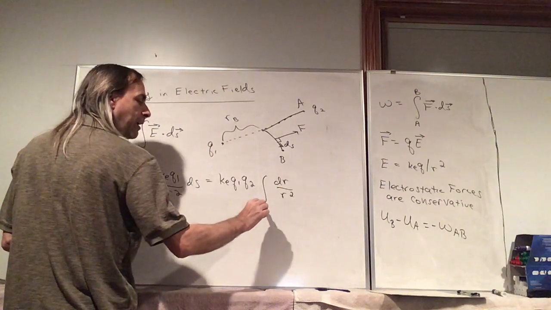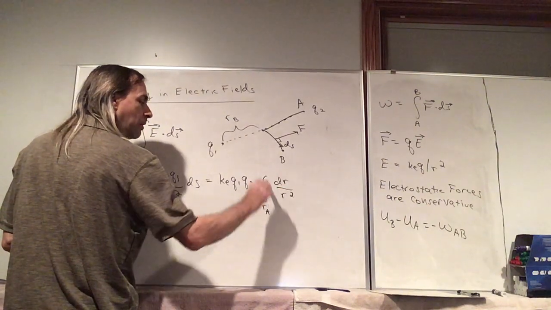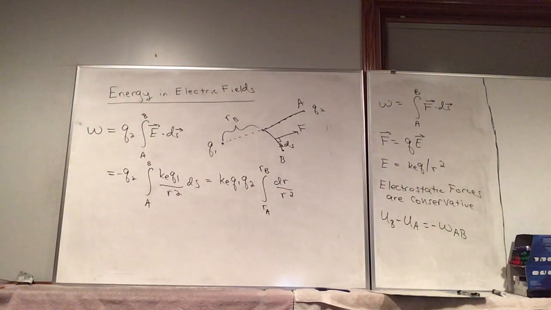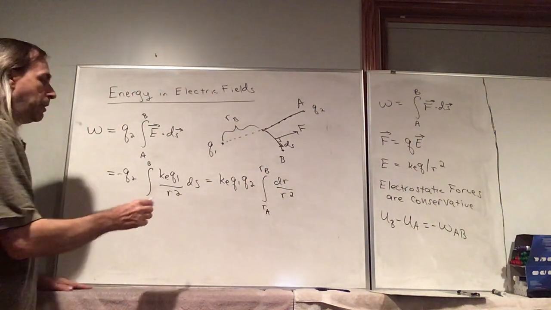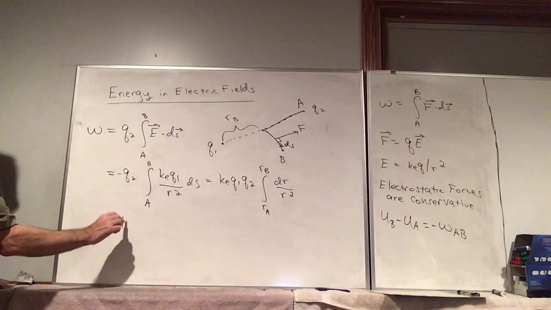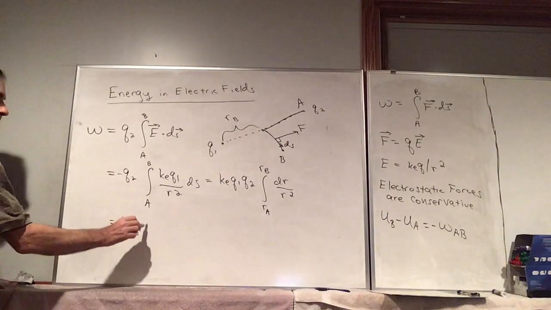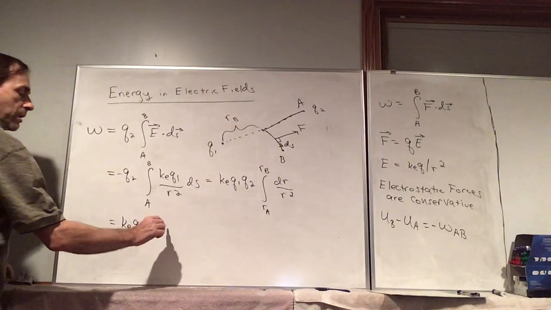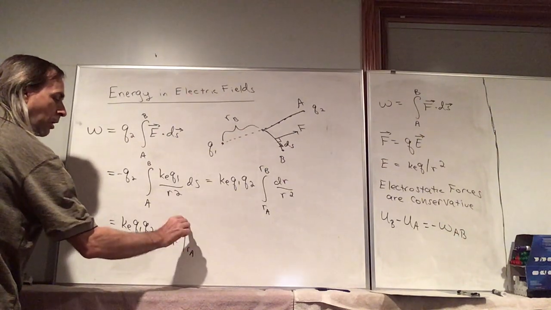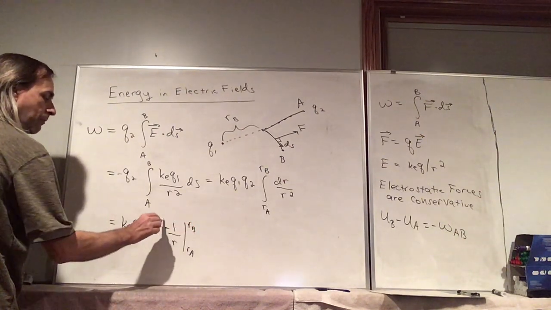And we're integrating from RA to RB. And this integral is trivial. It's r to the negative 1 over negative 1. So we have minus 1 over r from RA to RB.